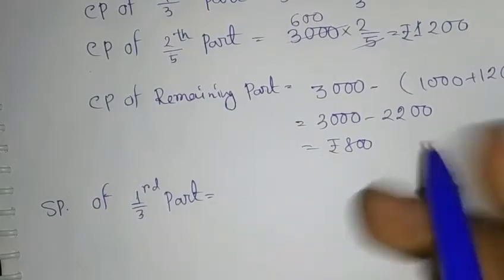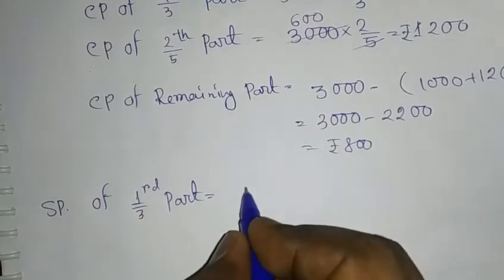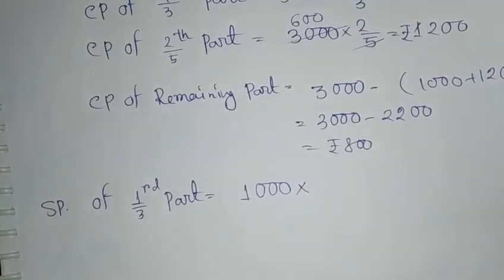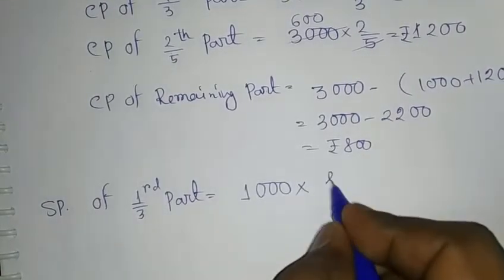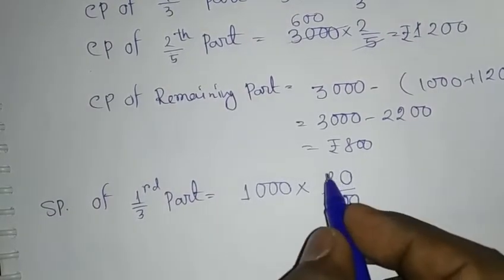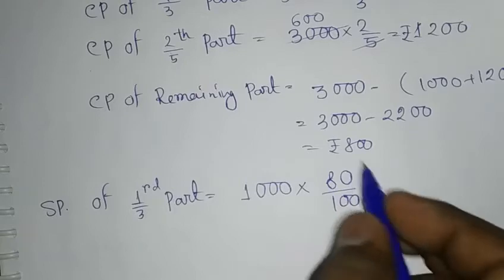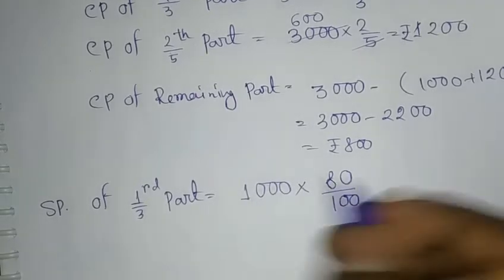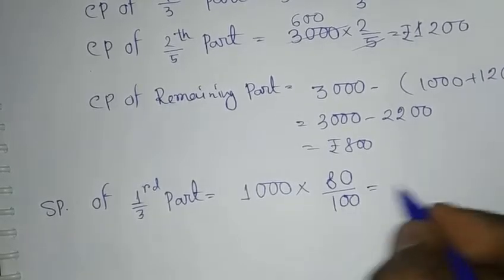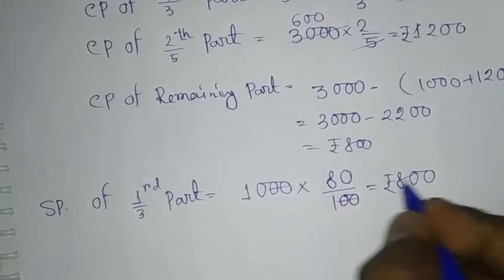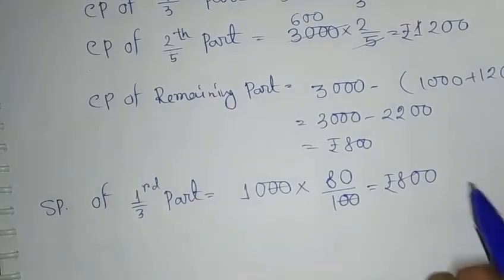The selling price of the 1/3 part is 1000 into, as there is 20% loss, 80 by 100. 80 how? 100 minus 20. If you don't understand this, watch the last video. I have explained how to do it in the shortcut way. Now cut the zeros, that is 800. So the selling price of the 1/3 part is rupees 800.